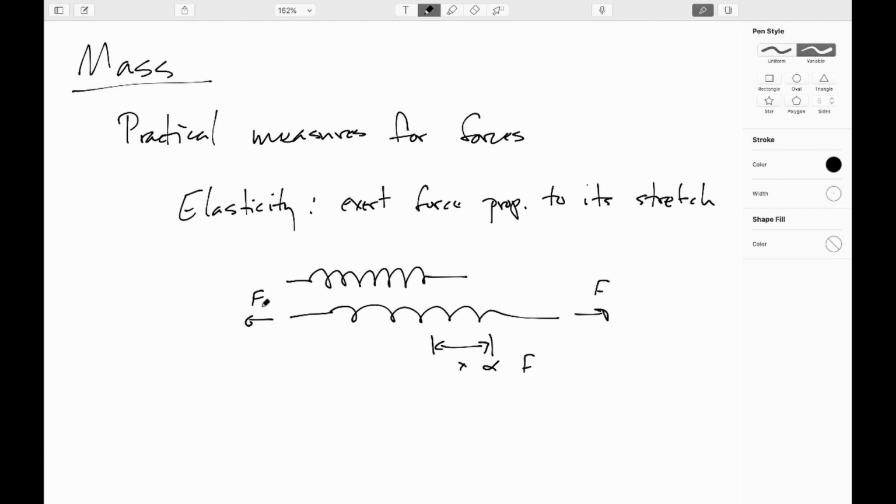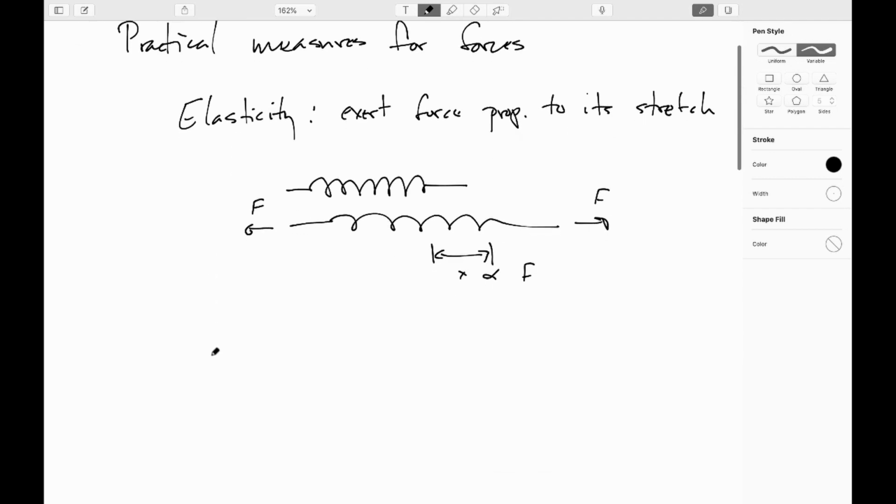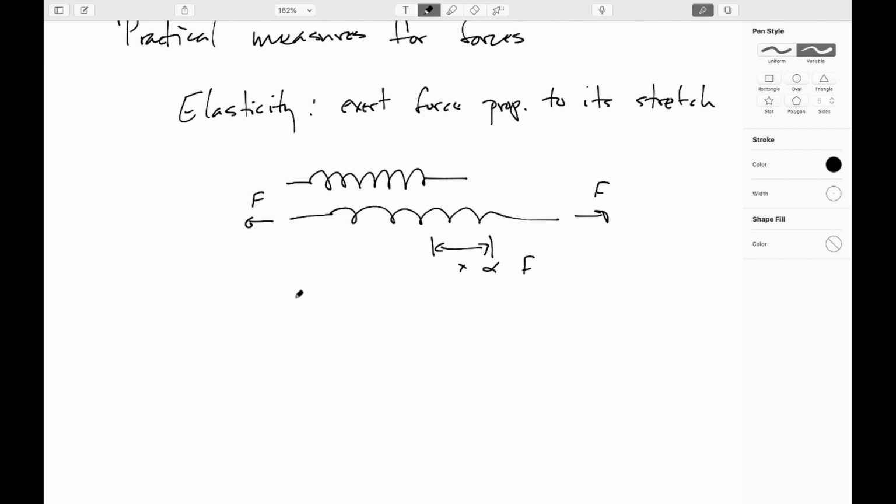So we can, at least in principle, calibrate these springs. What we could do is we could take, say, a lab cart that we know has a mass of 1 kilogram.